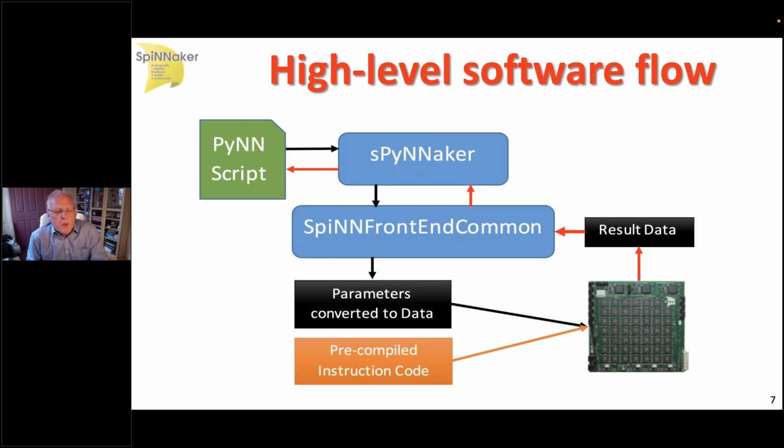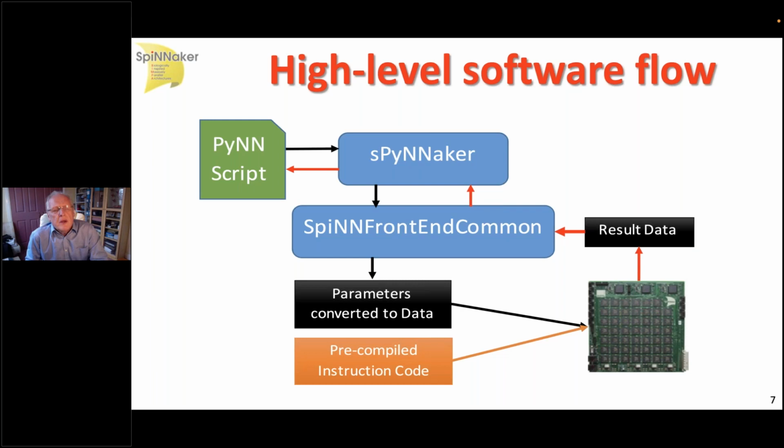PyNN simply stands for Python Neural Networks, and it's a Python library that supports concepts such as populations of neurons and projections from one neuron to another. And you can write the description of your network in PyNN. You can run it on your laptop using one of the standard software simulators such as Brian or NEST.